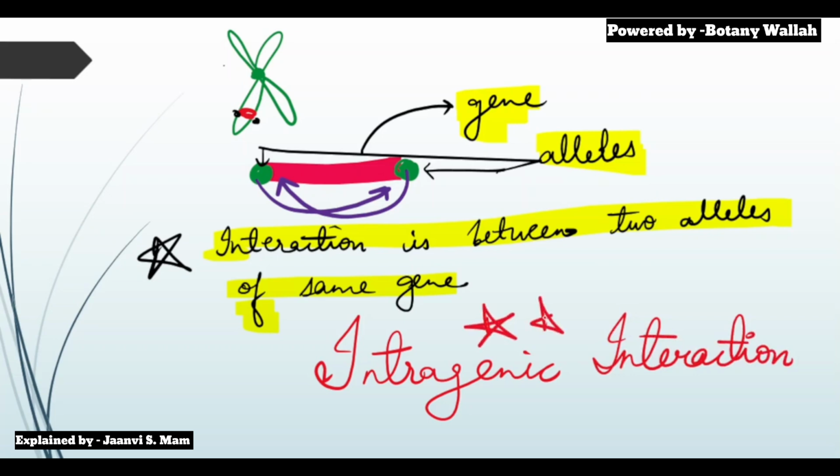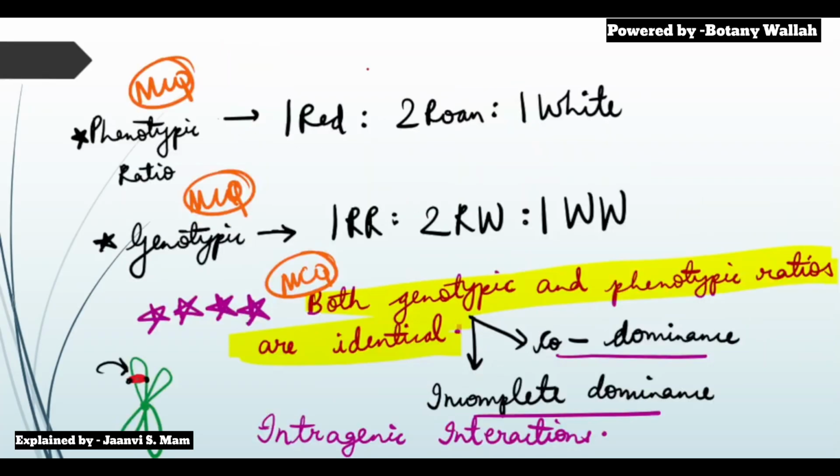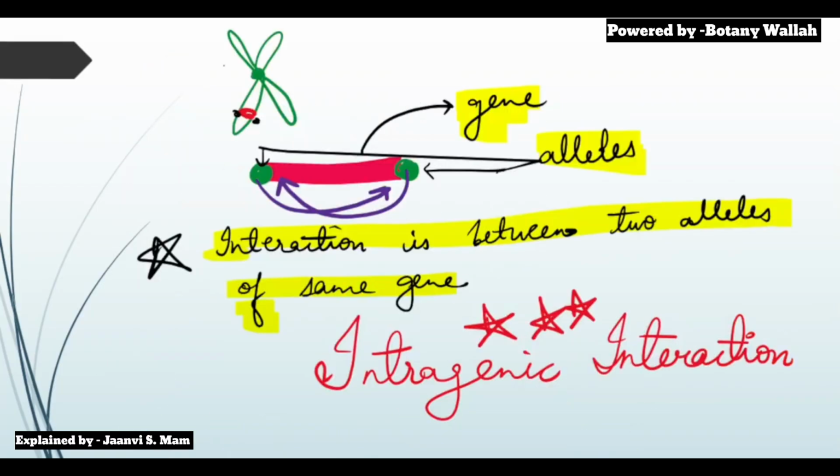This is a very, very important thing which I have explained to you. So both codominance and incomplete dominance can be asked as an MCQ, as intragenic interaction. And I have explained the meaning of intragenic interaction.